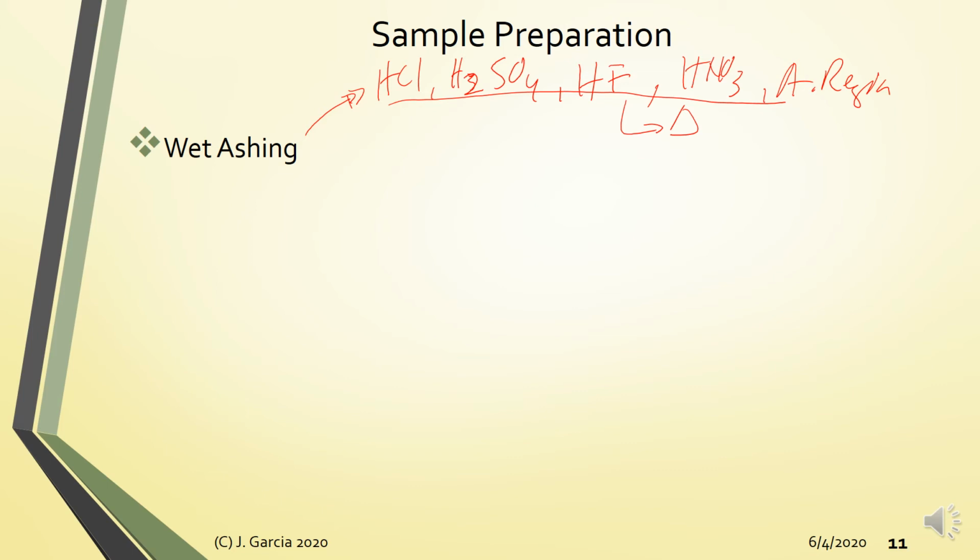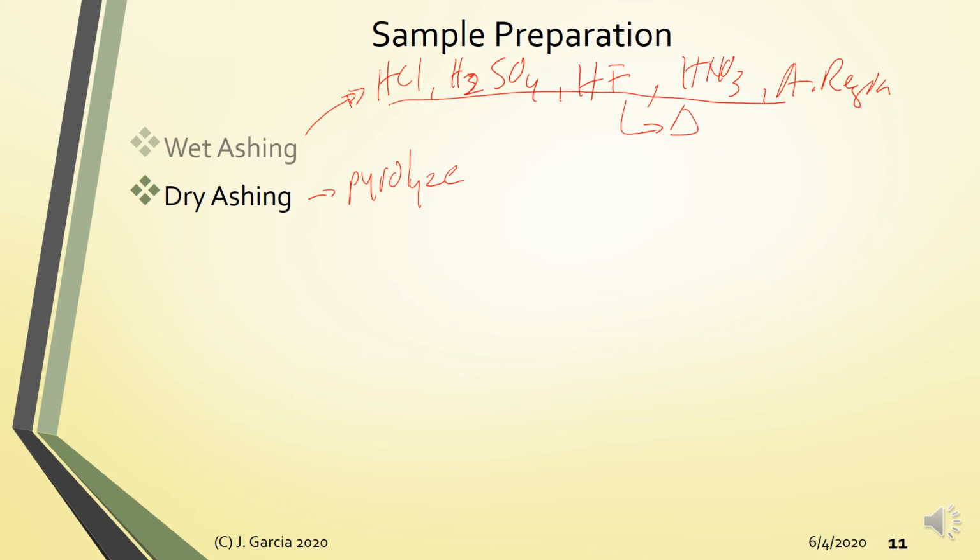Dry ashing is a little bit different because here you first pyrolyze your sample. When you say pyrolyze, you burn your sample inside a furnace. Usually you do dry ashing for organic-based samples, such as leaves, for example.